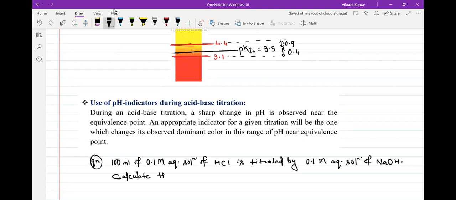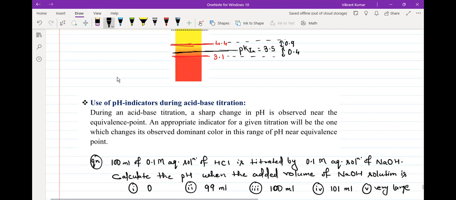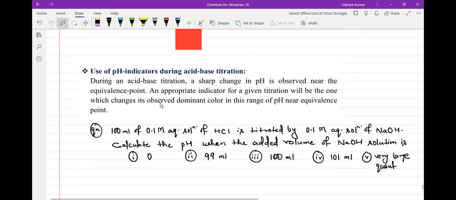Calculate the pH when the added volume of NaOH solution is: question number 1, 0; question number 2, 99 ml; question number 3, 100 ml; question number 4, 101 ml; and the last one, a very large quantity. और NaOH solution is added for a very long time, ऐसा बोल देगा. ठीक है, try to solve this one.